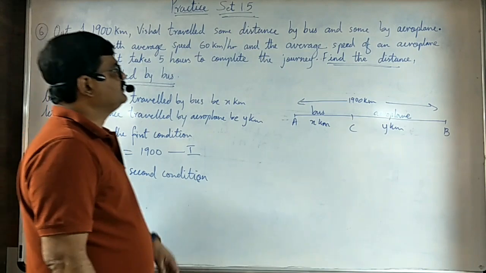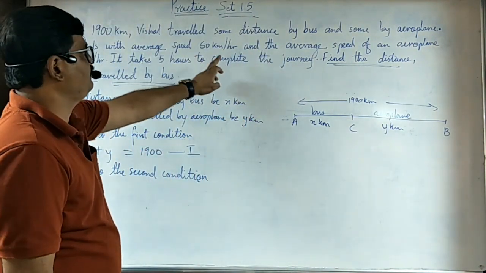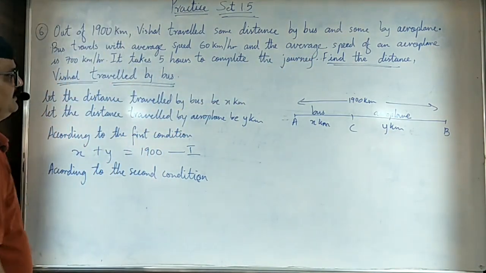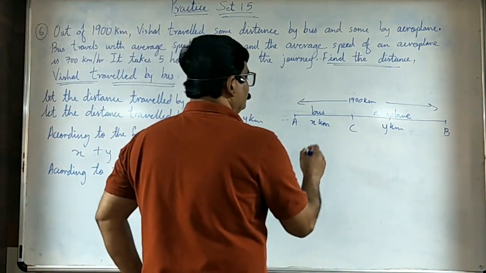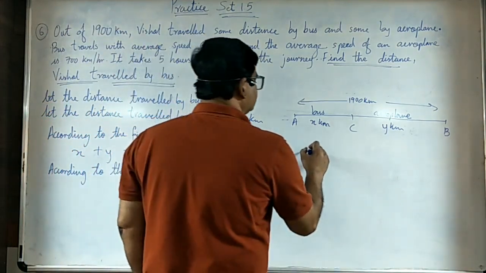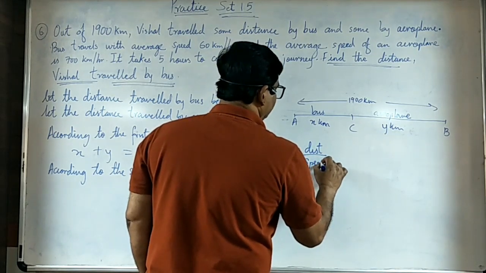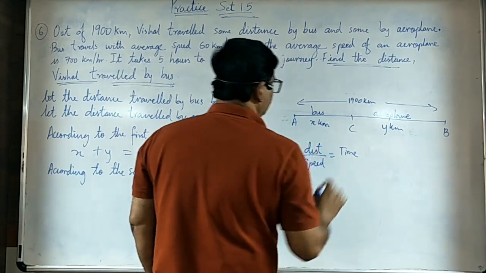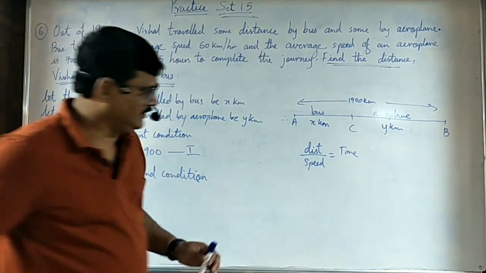The second condition says the bus travels with an average speed of 60 km per hour, and the average speed of the aeroplane is 700 km per hour. We have speed equals distance upon time, so distance upon speed is equal to time. That is the formula we have.